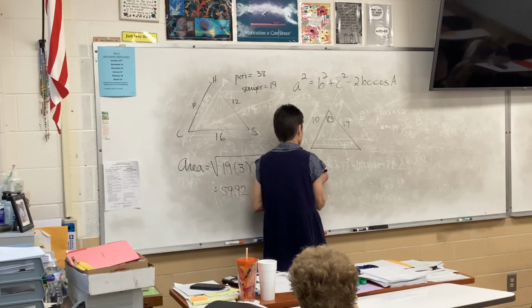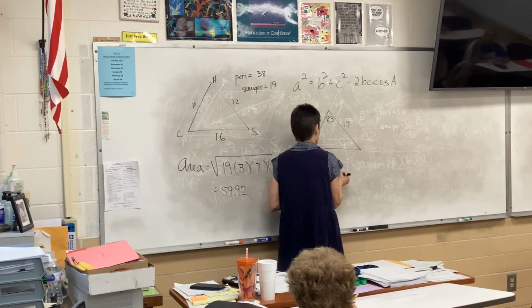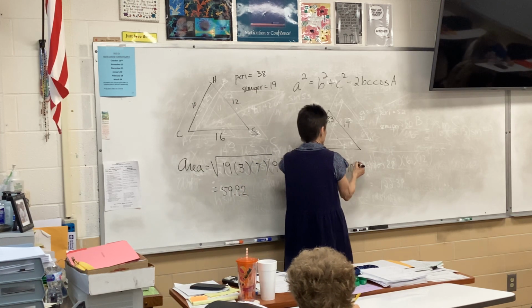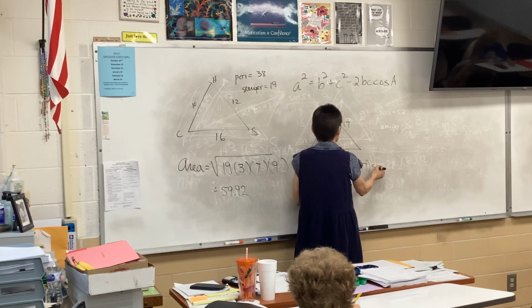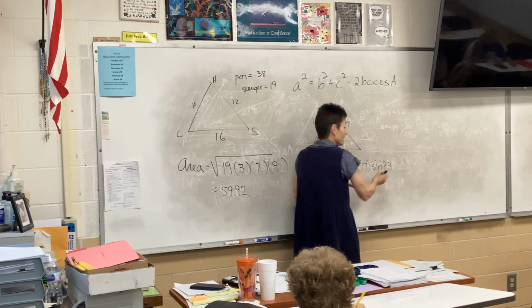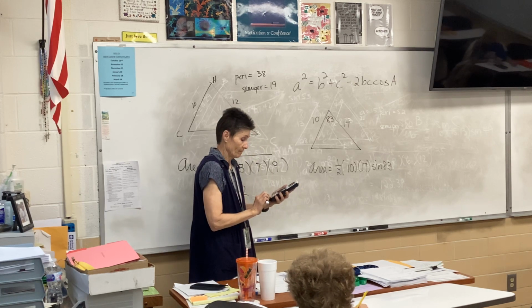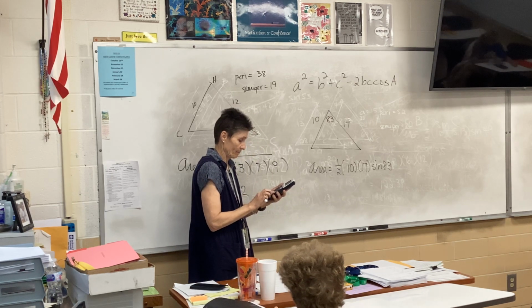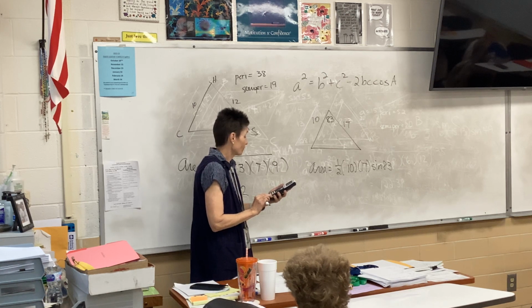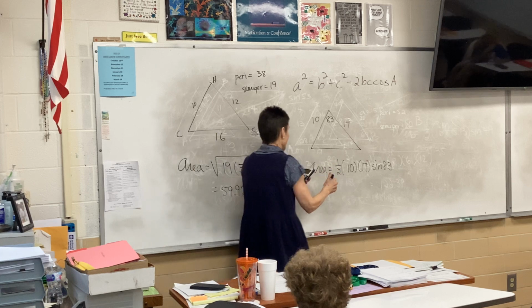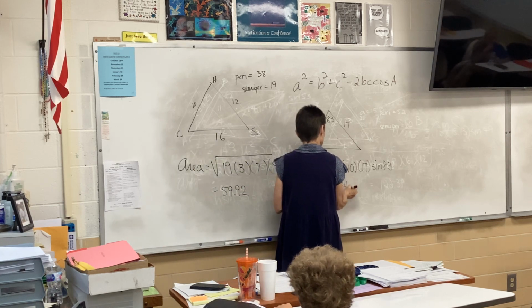Area equals 1/2 times 10 times 17 times sine 83. 84.37.